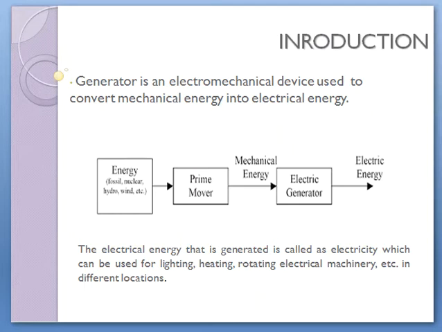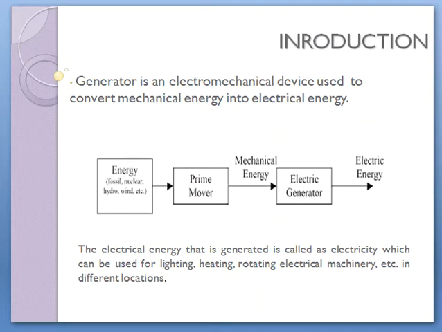This mechanical energy is obtained from sources like fossil fuel, nuclear power, hydro power, wind energy, thermal power, which is fed to the prime mover, where this source of energy is converted into mechanical energy, which is fed to the generator, which converts this mechanical energy into electrical energy.